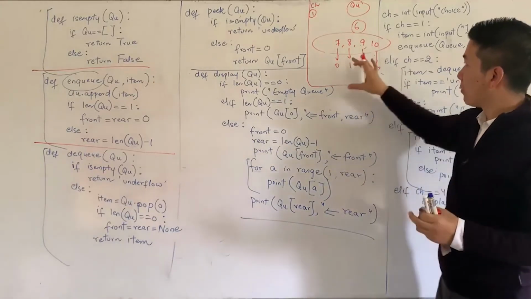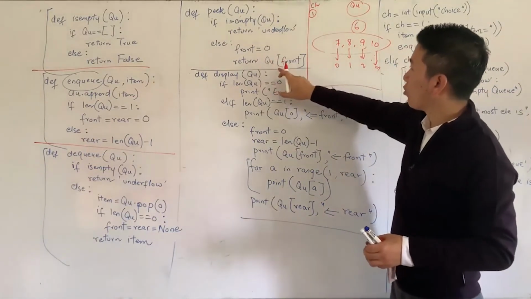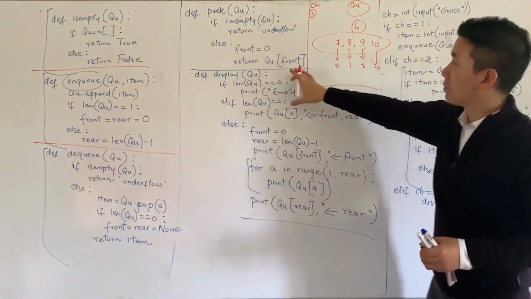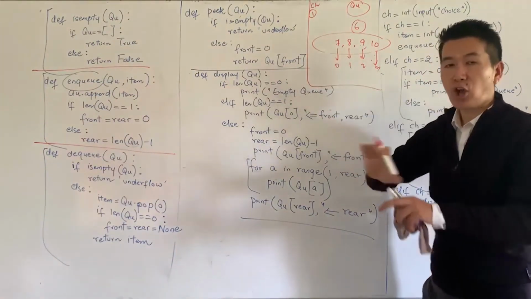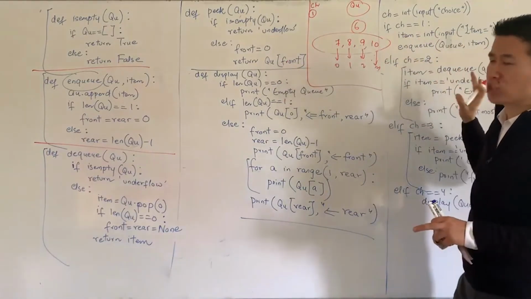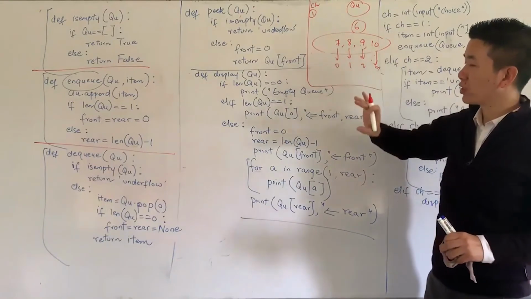So automatically you will have the numbers lined up like this. So front is equal to 0, Q of front, Q of 0 is being returned. Be mindful of this, I'm not popping, hence this 7 will not be removed from the queue. Rather, it's just being returned. We're just taking a peek at the frontmost element.